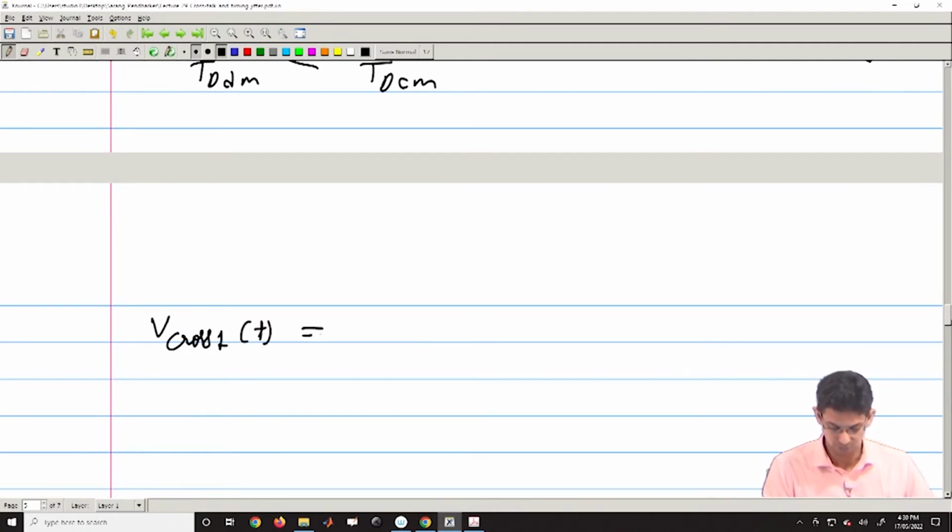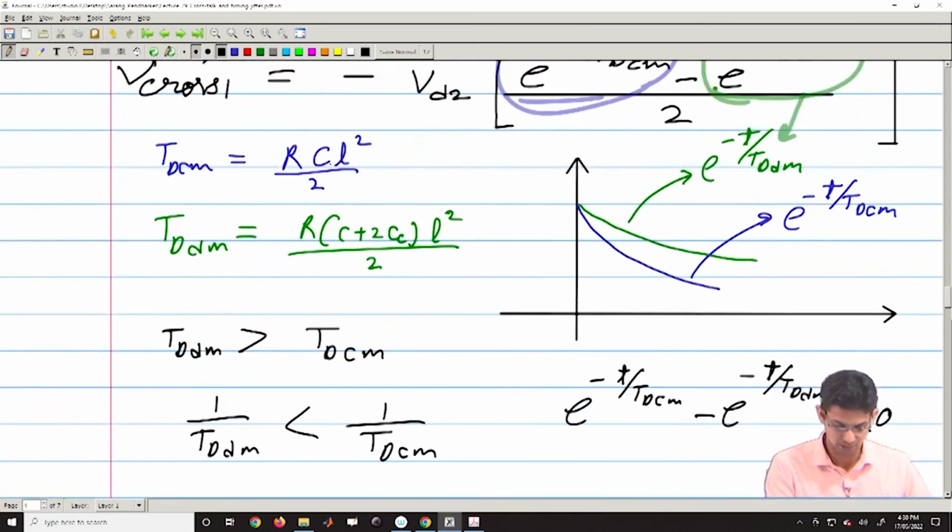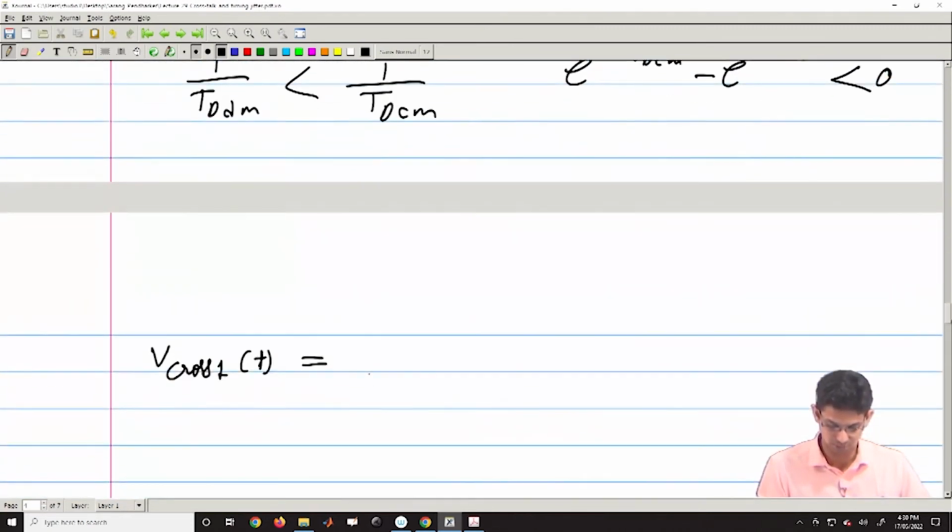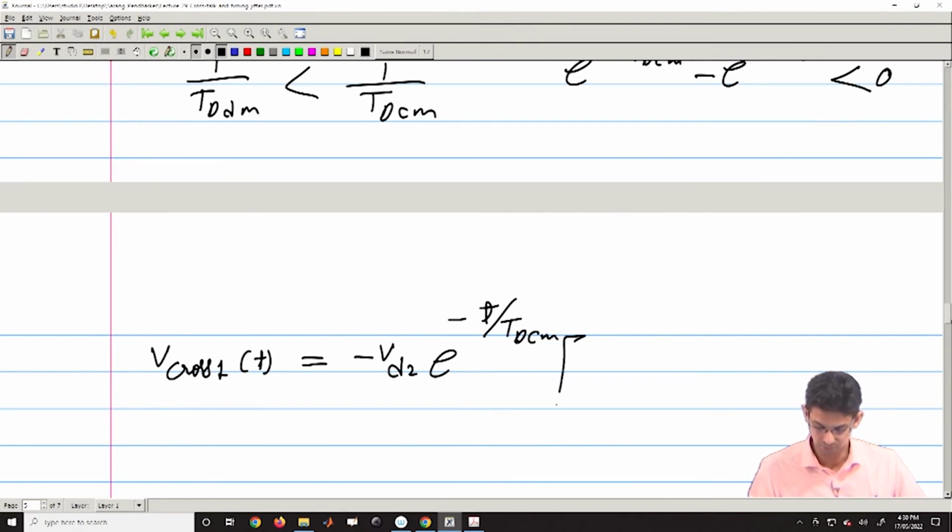So, I had this minus sign here. Let me keep it for a few steps. So, V d 2 into e to the power minus t divided by t d common mode, right. I have taken this out.